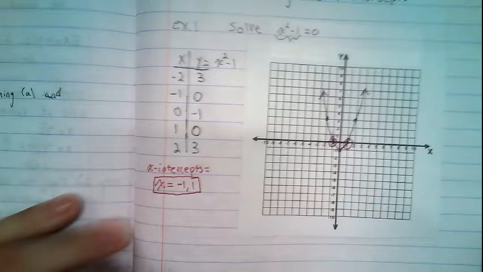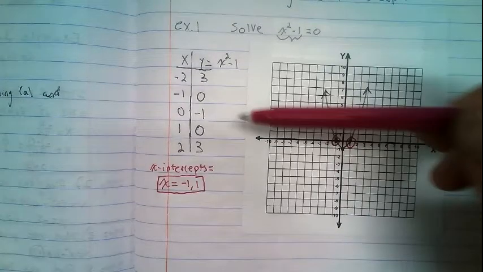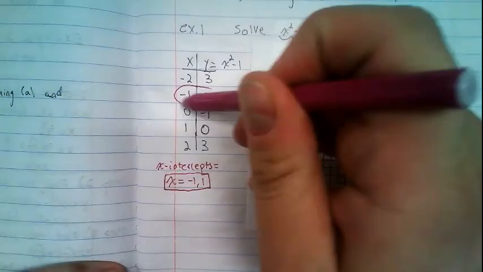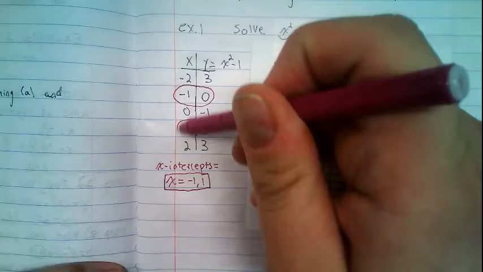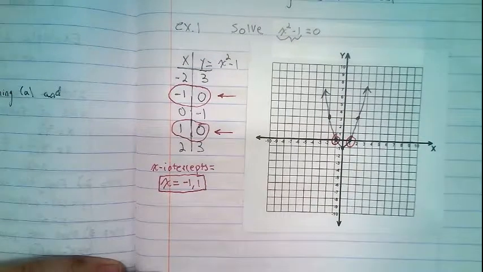Now, this doesn't happen in every case, but I want to show you an easier example. If I just made my table, I could right away see that at negative 1 the solution is 0, and at positive 1 the solution is 0. So these are my solutions as well. So I didn't necessarily have to graph this one.